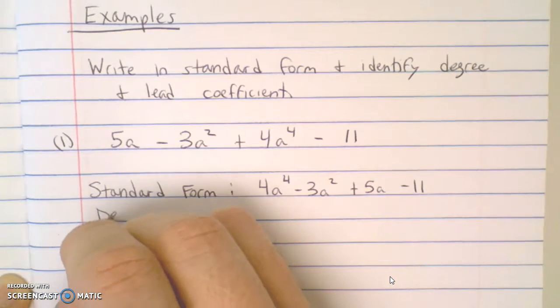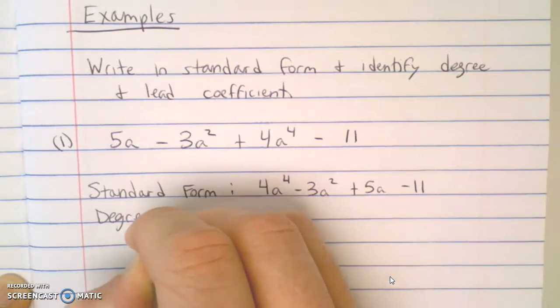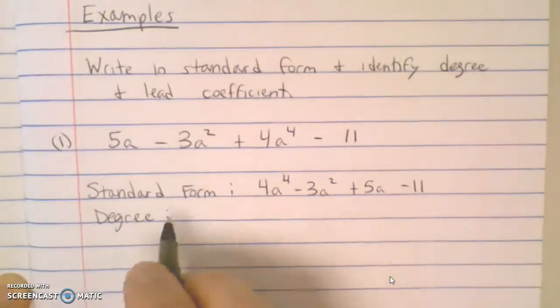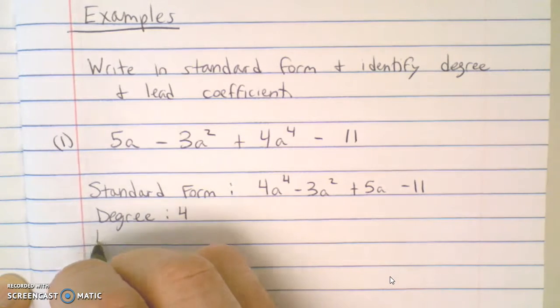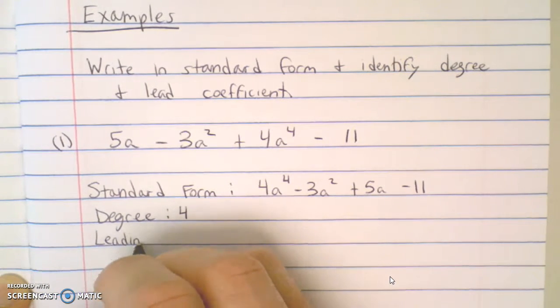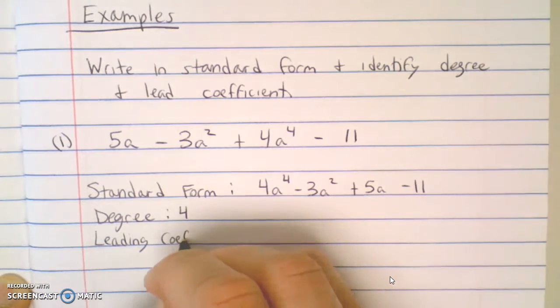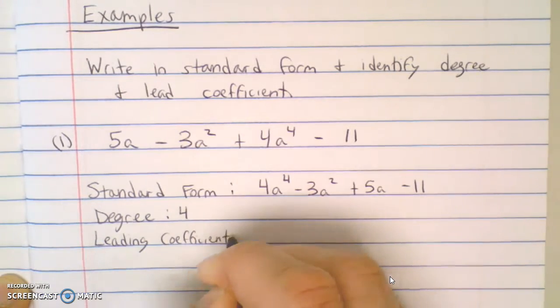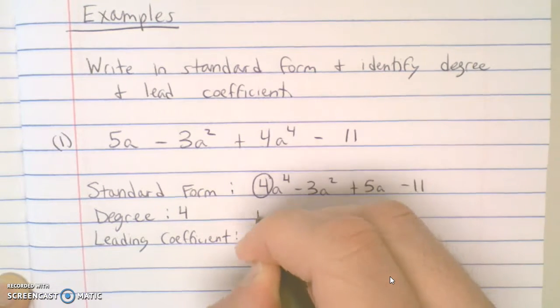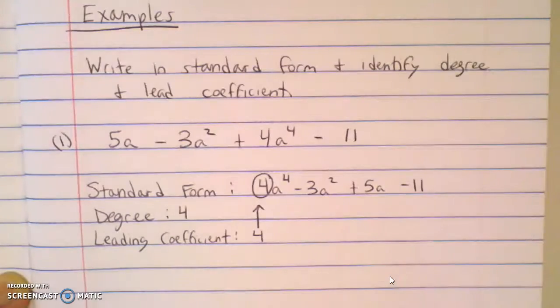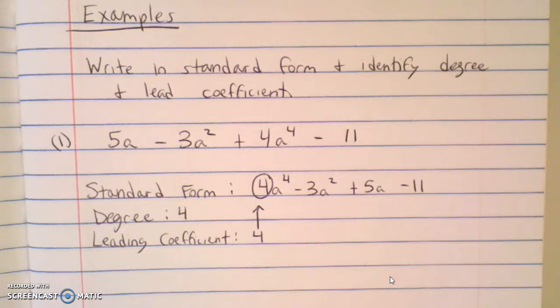The degree of this polynomial is the highest exponent, which is 4. And then the leading coefficient also happens to be 4 because that's the number that's leading the polynomial once you put it in standard form.